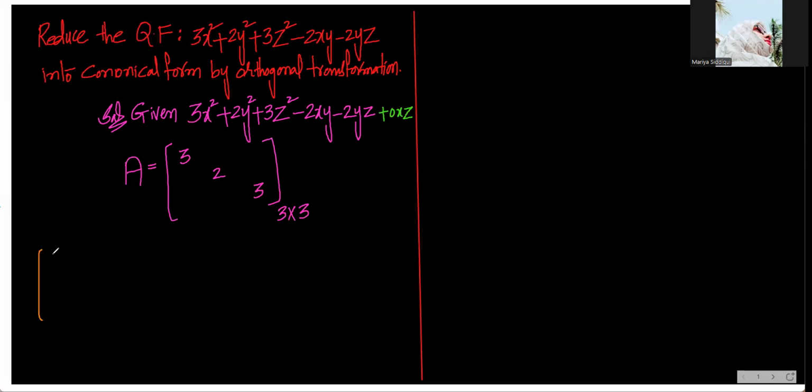Generally we represent a matrix like that: A11, A12, A13, A21, A22, A23, A31, A32, A33. That suffix represents the actual location of that element. Understand? So these locations are confirmed.